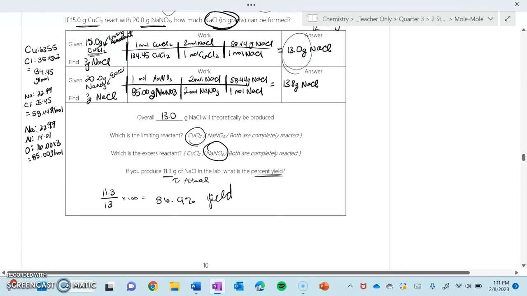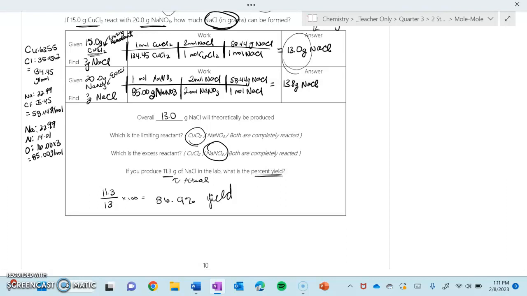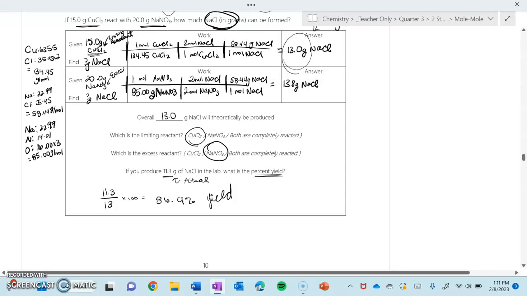I don't think I actually have any examples like that, but just for future reference, possibly the sample might have been wet. That would be extra mass from water, or contaminated with something else. So above 100% yield is possible if you were ever to get that. That's just error of extra mass rather than error of not enough reacted.